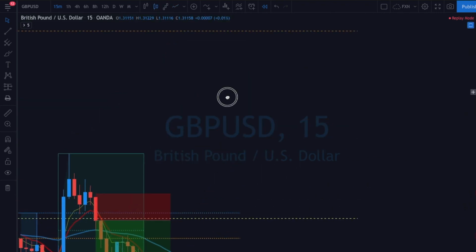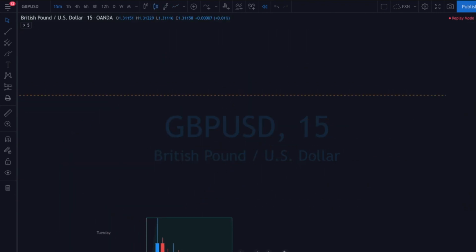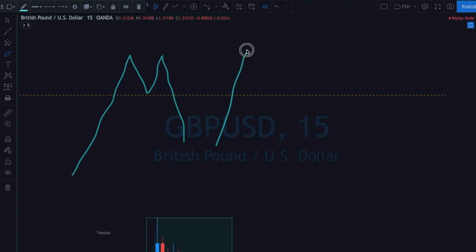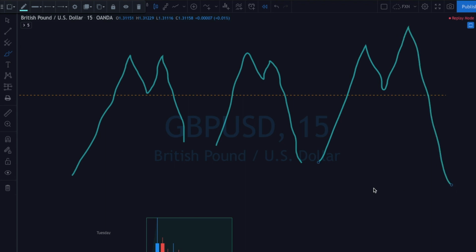Okay. Remember, there's only 3 possible M's, 3 possible W's, right? There's this M like this. There's this M like this. And then there's this M like this, right? So what's the difference in the 3 different M's? Okay.